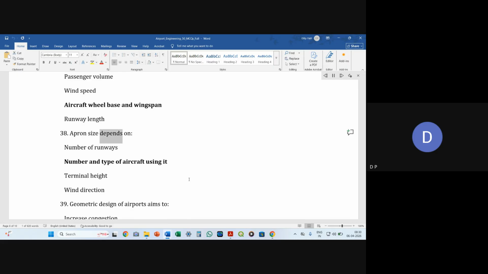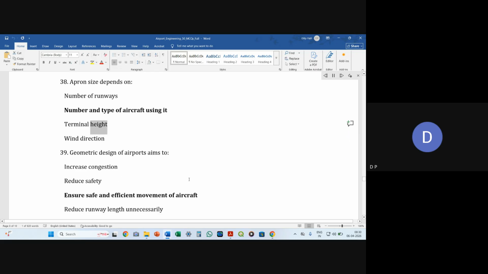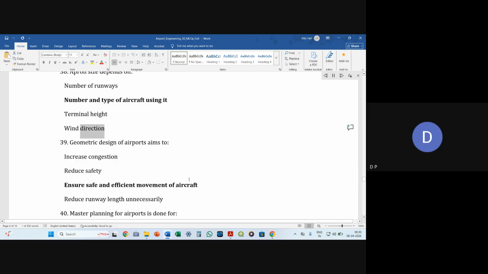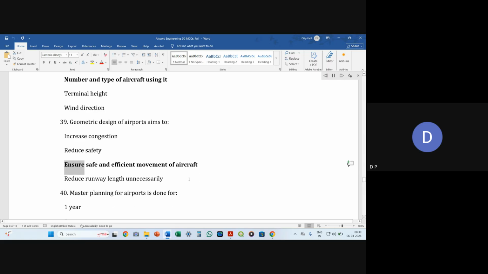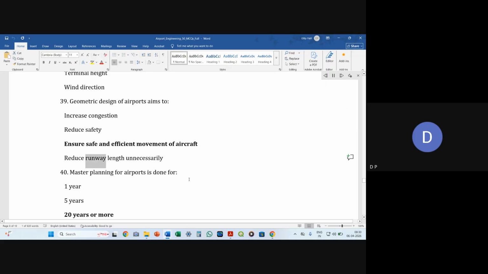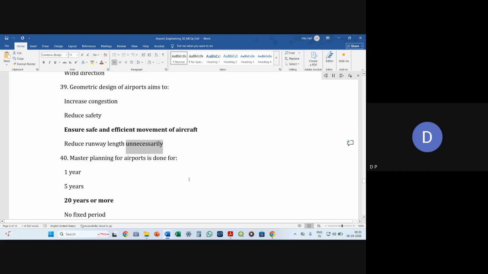Apron size depends on number of runways, number and type of aircraft using it, terminal height, wind direction. 39. Geometric design of airports aims to increase congestion, reduce safety, ensure safe and efficient movement of aircraft, reduce runway length unnecessarily. 40.